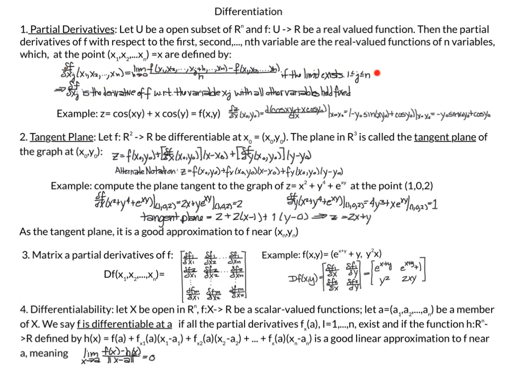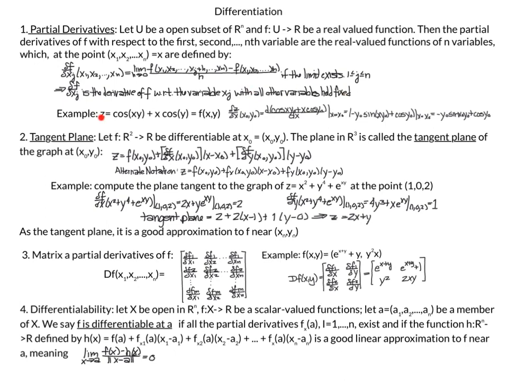But this is the formal definition, and what this means is the derivative with respect to the jth variable, that's the derivative with respect to xj, and we consider all the other variables held fixed.